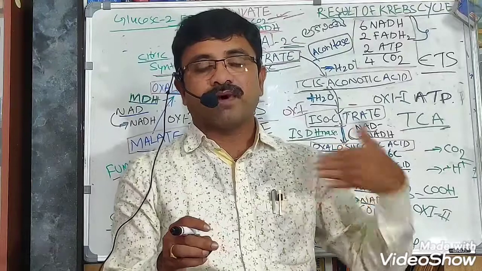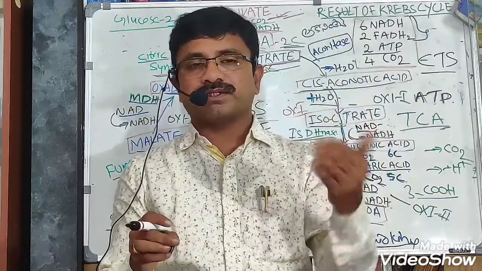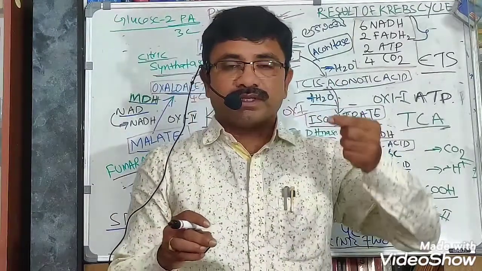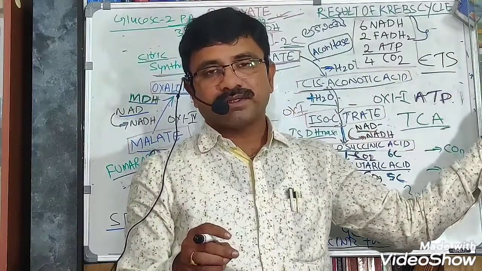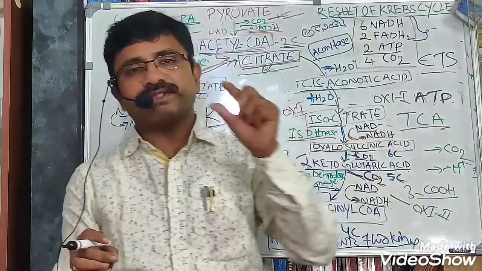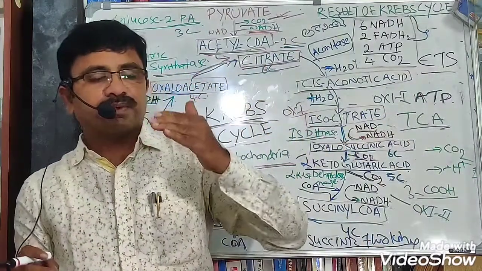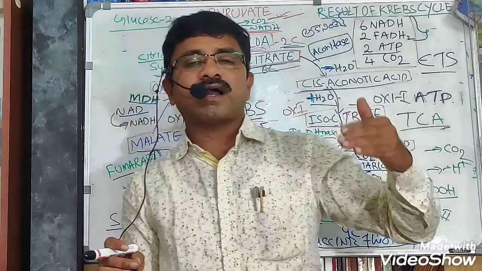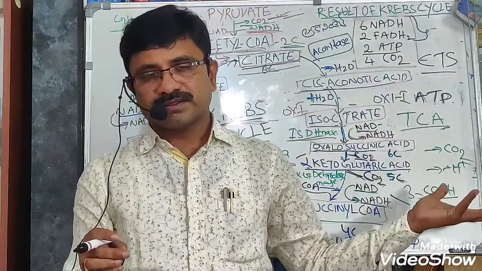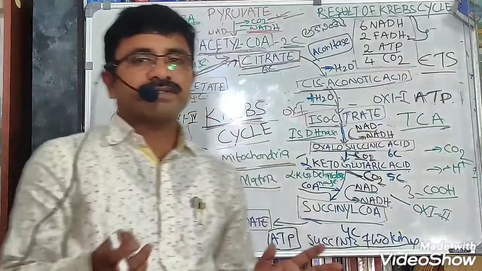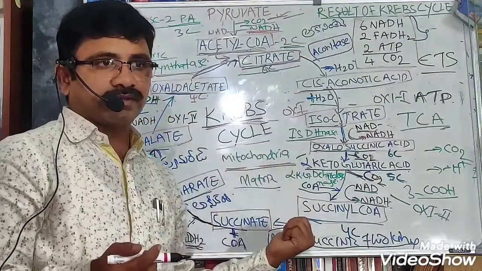They finally form ATP molecules. They generate ATP in the light of the chemiosmotic theory proposed by Mitchell, which states that the proton gradient acts as a driving force for ATP synthesis. So these are the comprehensive details of the Krebs cycle. Thank you.